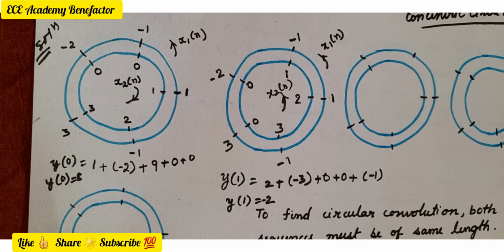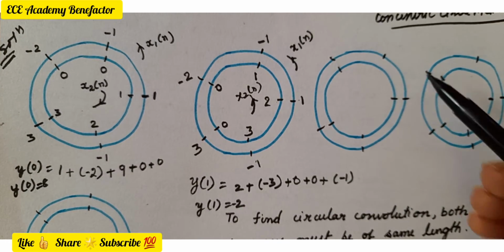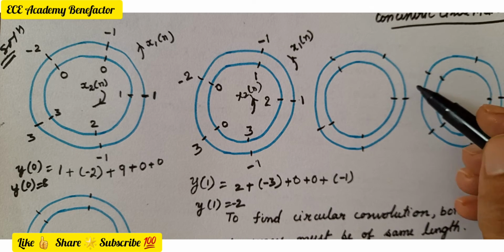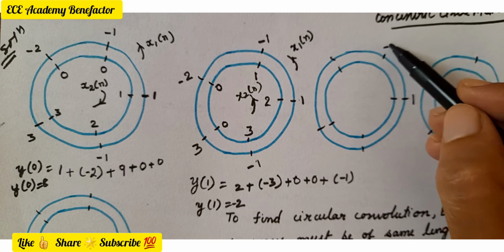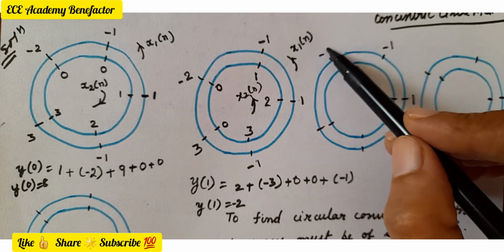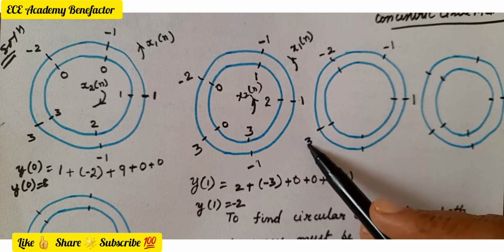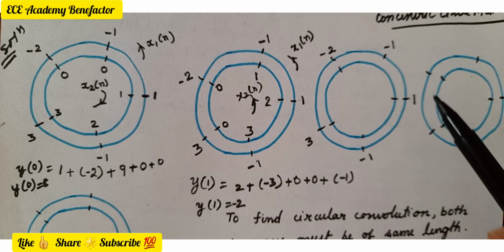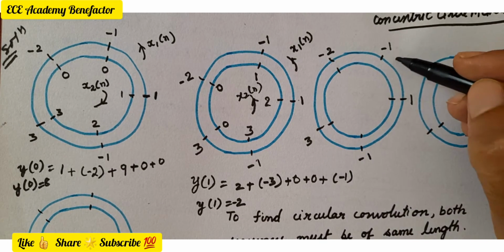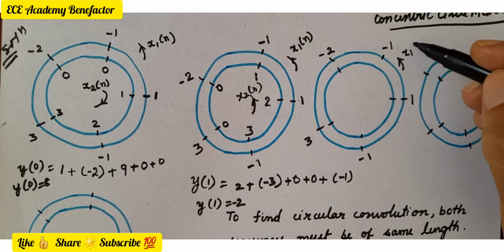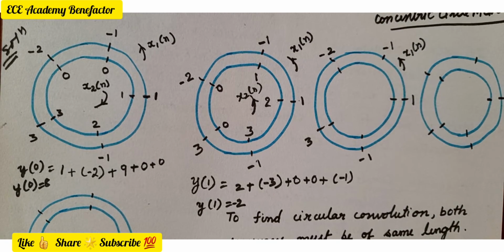In the third step, we plot x1 of n on the outer circle in the anti-clockwise direction: 1, -1, -2, 3, -1.